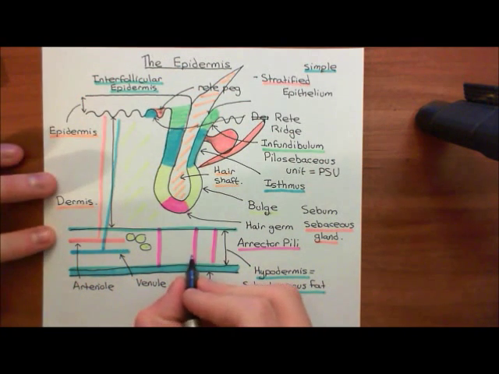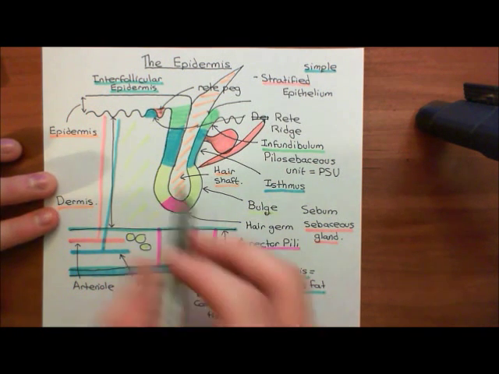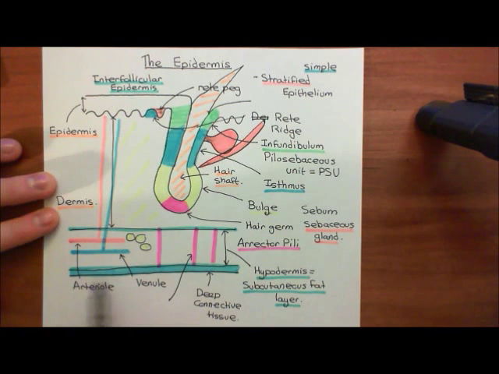So what are the names for these connective tissue connections that run between the connective tissue of the dermis and the deep connective tissue underneath the hypodermis? Well, these are known as skin ligaments.